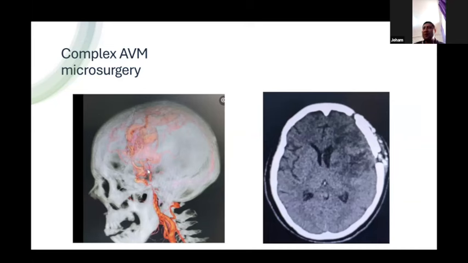We had to make the craniotomy and operate on this patient. The immediate postoperative course was, of course, with weakness and aphasia. But as we have seen with AVM patients, usually they improve the motor function, and they also improve the language.